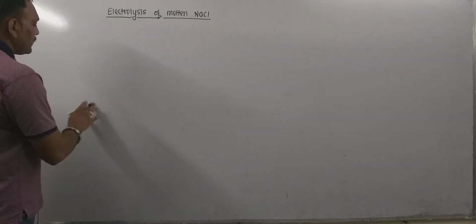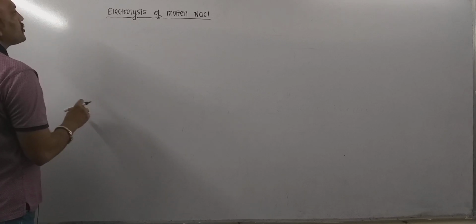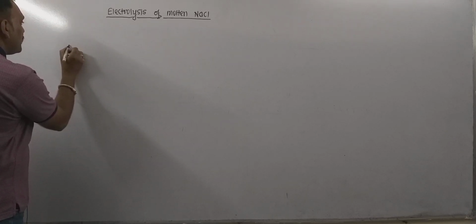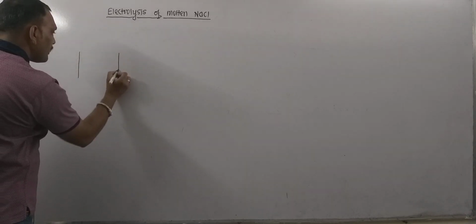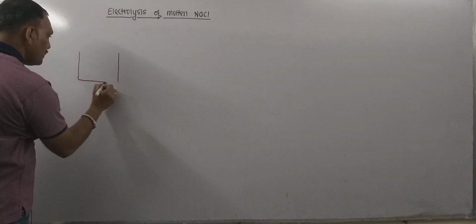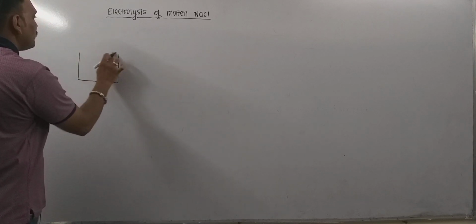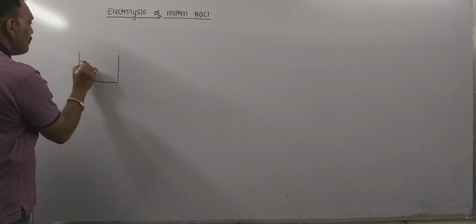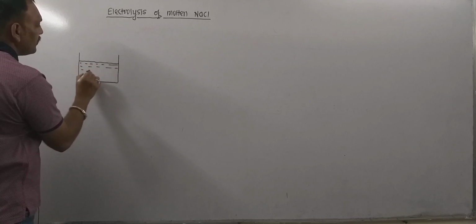Now, this device consists of what? So, during the course of electrolysis, what we need to do? We need to use a beaker. The electrolytic cell to be used consists of a beaker, and in this beaker molten NaCl solution is to be taken.